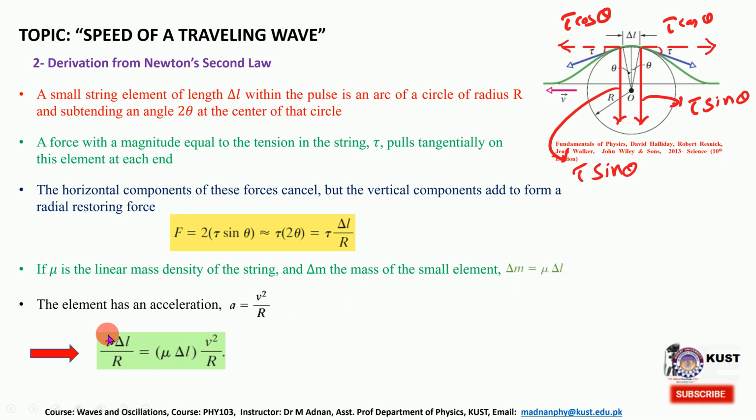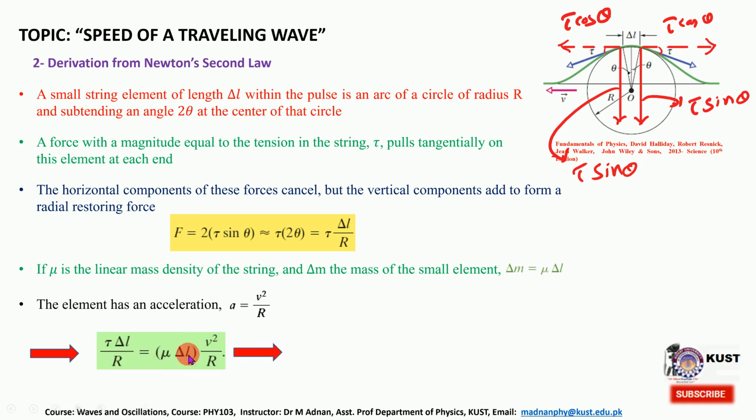So we are just equating the magnitude of the centripetal force, which in this situation is equal to 2 times tension times sine theta. That comes out to be, in measurable quantities, tau times delta L over r, and m can be calculated by this definition of mu, so that it comes out to be this thing.